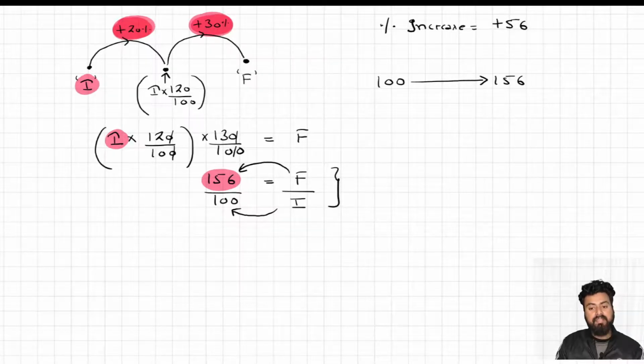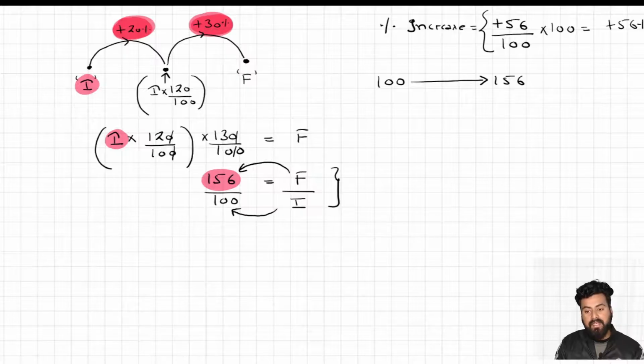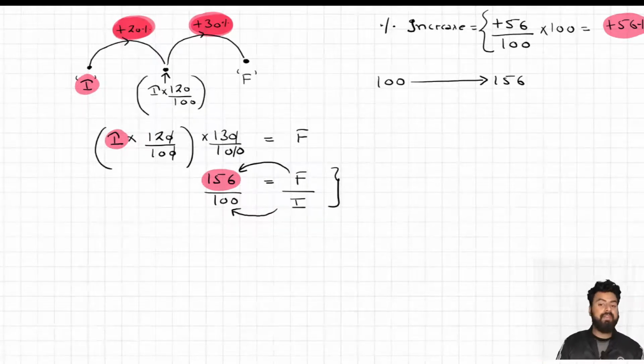Since I'm calculating increase, I'll use a positive sign. Increase of 56 over what value? Over the initial value 100. And then to find the answer in terms of percentage, we'll multiply this by 100 and see what the answer is. We are getting the same answer, an increase of 56%, without applying any formula and without assuming any values.